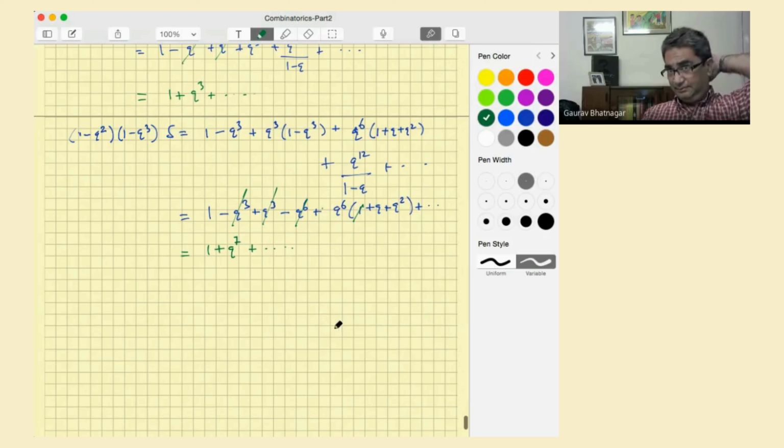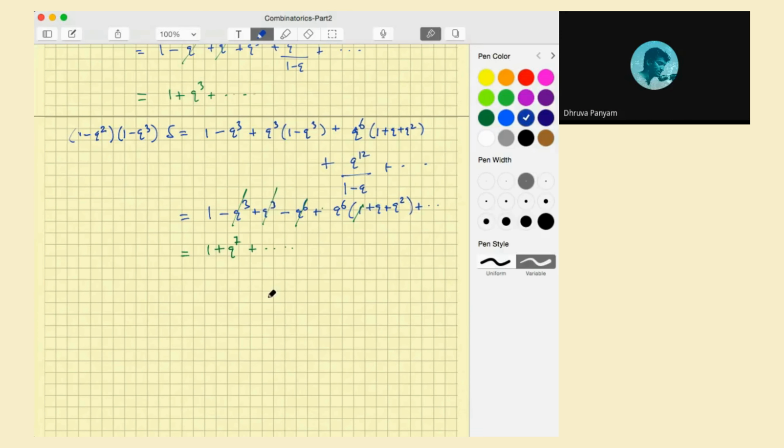Yeah, is that clear? Is that clear? Please say yes or no. So, Professor, it's in some way like removing the denominator from all the terms.